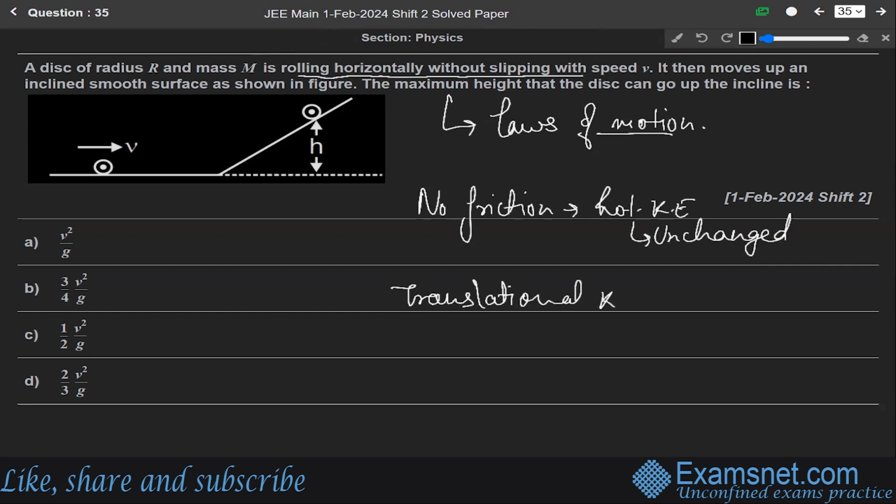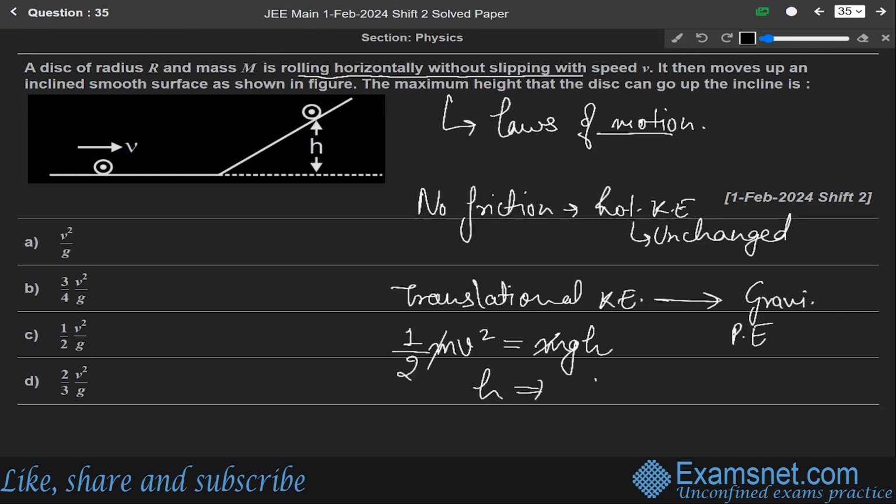So translational kinetic energy, half m v square, will change into potential energy mgh. From here m cancels, and h will be equal to v square over 2g. Very simple question. So the correct answer is option C, height h equals 1 by 2 v square over g.